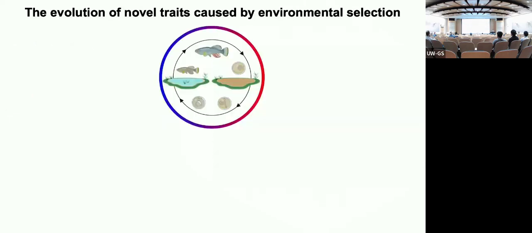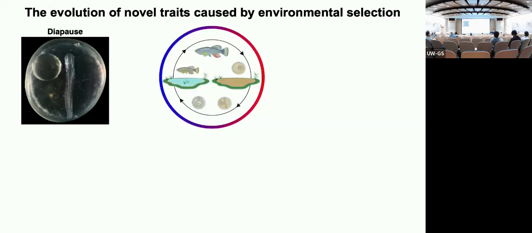I think this system is really interesting because they live in this extreme environment. So the selection on these organisms might produce very novel features that are unique to them. And hopefully we can understand this process of evolution by looking at animals that live in this very unique environment.